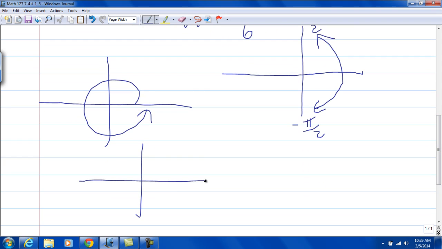So if you know what's down here at negative pi over 6, how do we get it from 0 to 2 pi? How do we get this part here? Well, we take negative pi over 6, and we're going to add to it 2 pi. And that's going to give us 11 pi over 6.